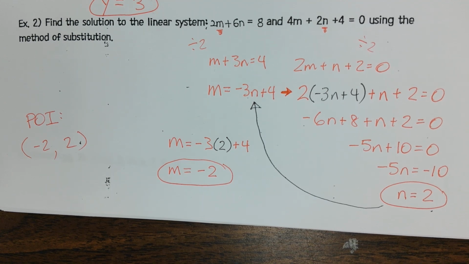So if you have this question on a test, do you want to express it as a point, or do we just keep it as equals? I still want you guys to express it as a point, but if you do 2, negative 2, I won't mark it wrong either. Because I never said m was the independent and n was the dependent.